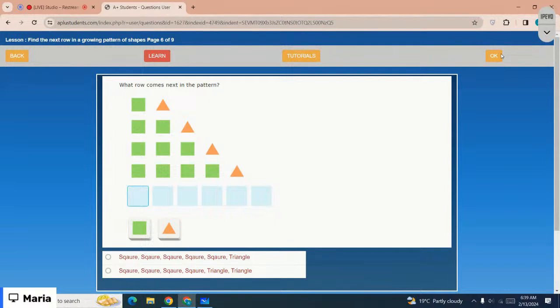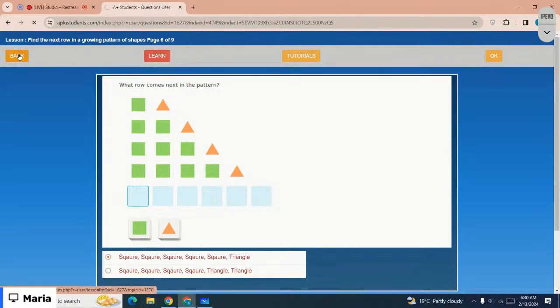What row comes next in the pattern? So, which is the correct option? That is option number one. Okay, you can complete the lesson by yourself later today.